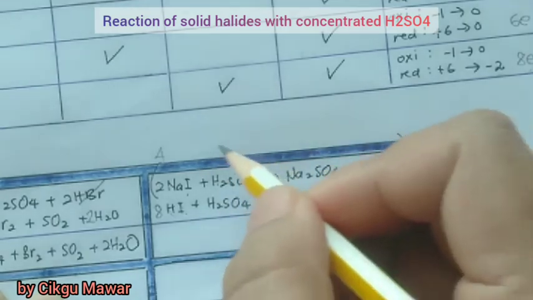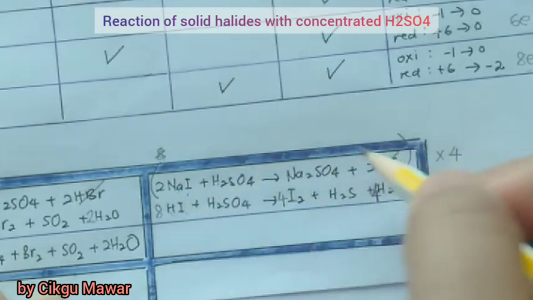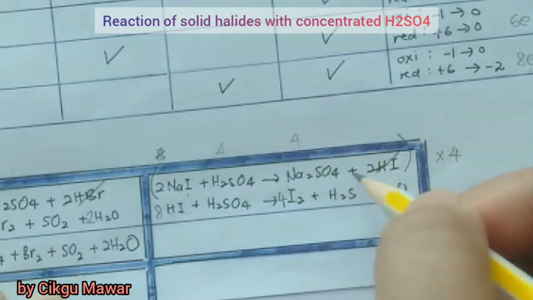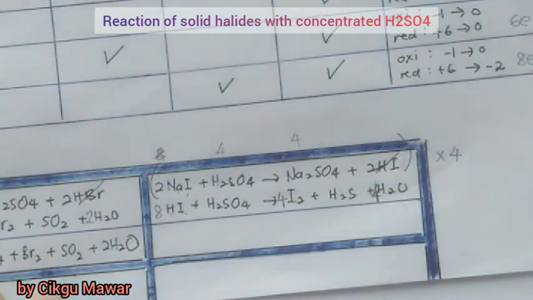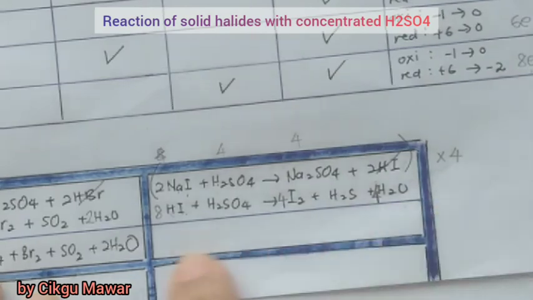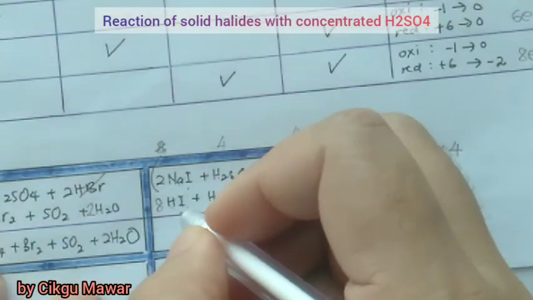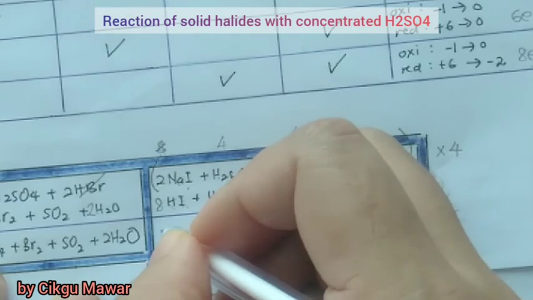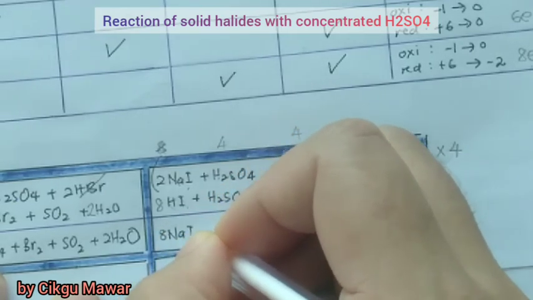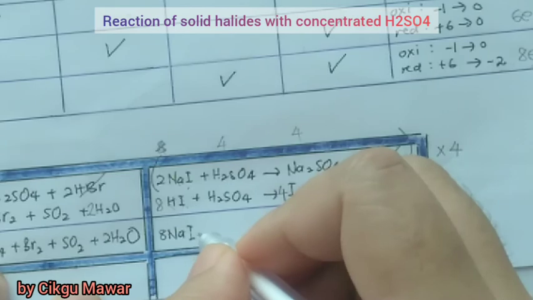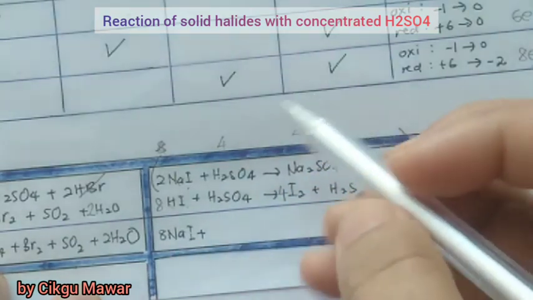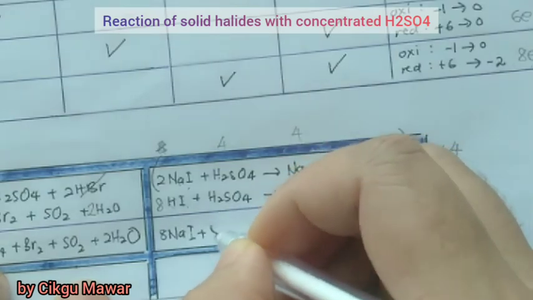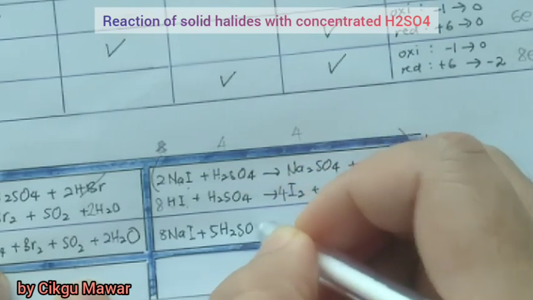This one is 8 sodium iodide. This one is 4 mole, and this one is 4 mole of sodium sulfate. So we can write down the overall reaction here. We have 8 NaI, and then we react with 4 mole of sulfuric acid plus 1 mole of sulfuric acid, so we get 5 sulfuric acid here.